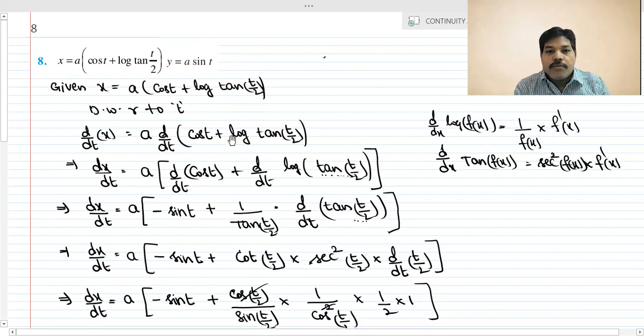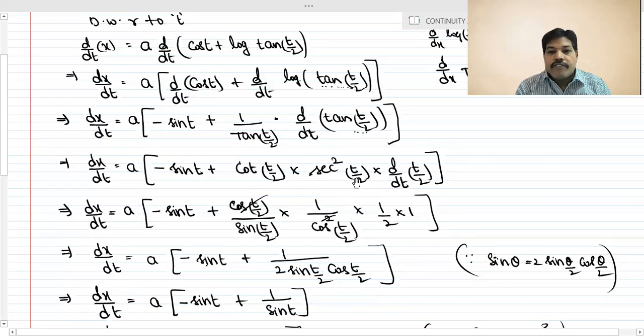So for the log of tan t by 2 derivative, the log f of x derivative is 1 by f of x into f dash of x. Next, the derivative of tan t by 2: the derivative of tan f of x is secant square f of x into f dash of x. Here 1 by tan is cot, and cot is cos by sine, and secant square t by 2 is 1 by cos square t by 2.